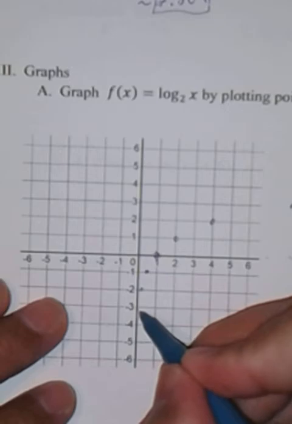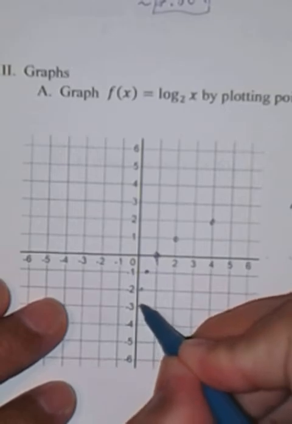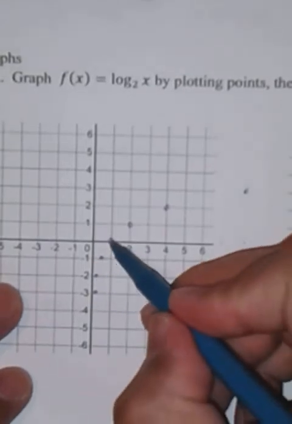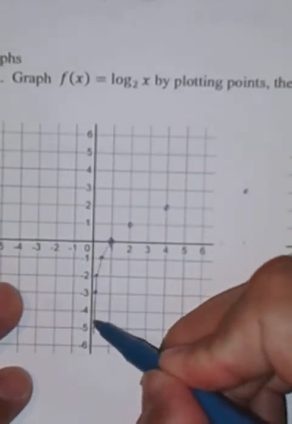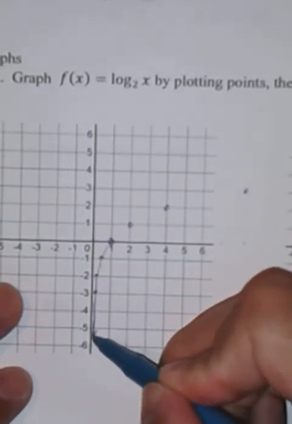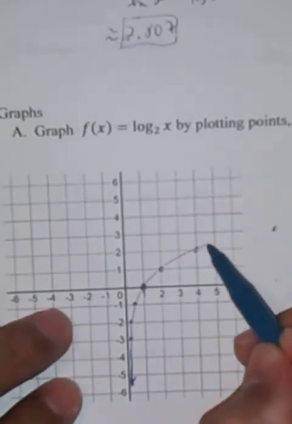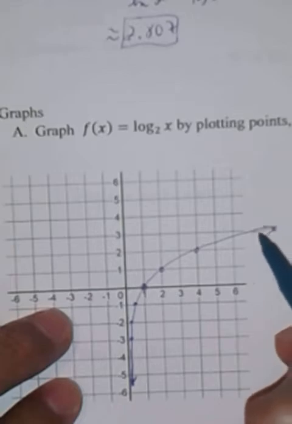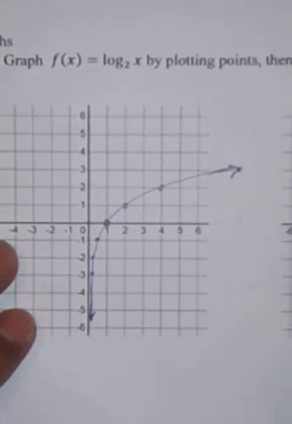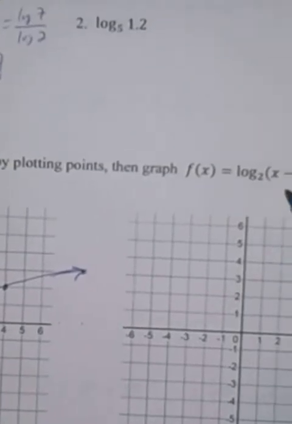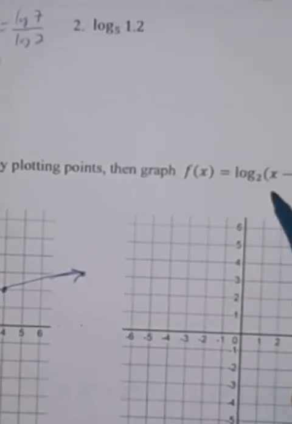Log base 2 of 1/8 is -3, so it's getting closer to the y-axis, but it never gets there. Remember, that's called an asymptote, right? It's going to get forever infinitesimally close to the y-axis. Okay, there's my sketch.